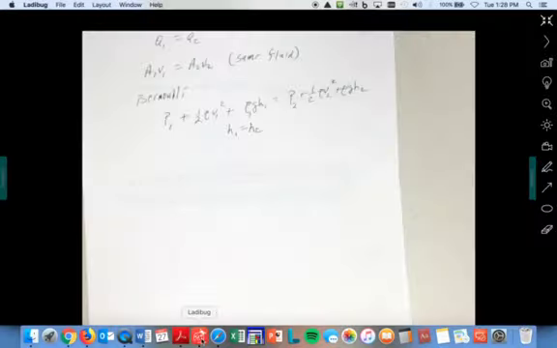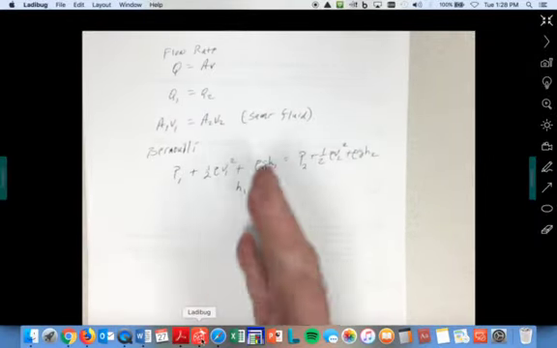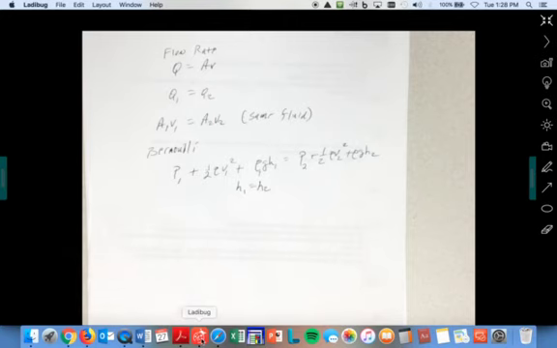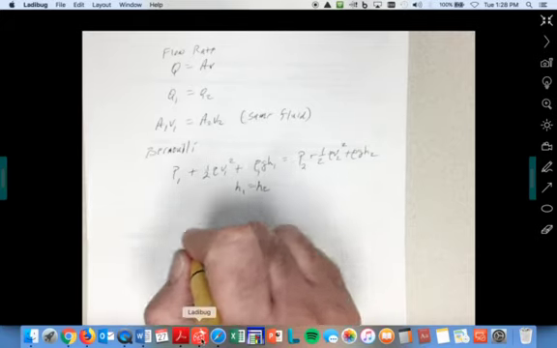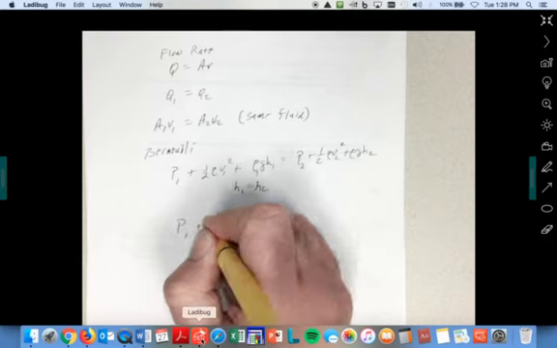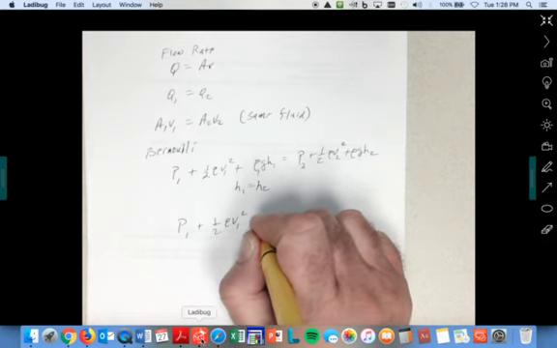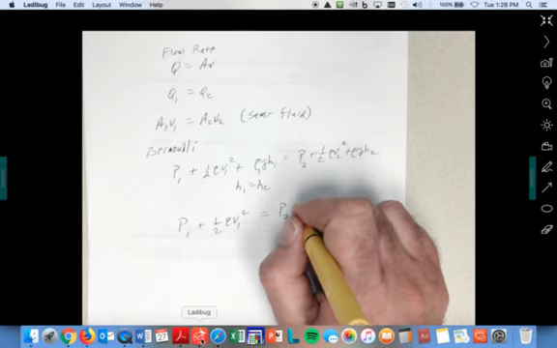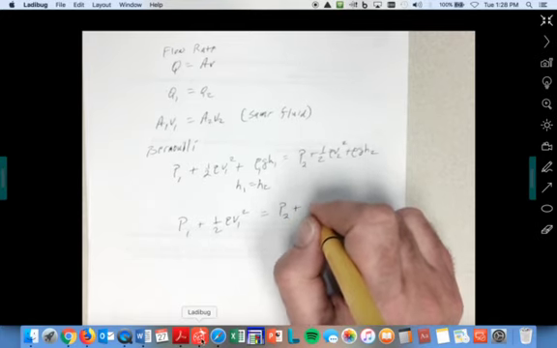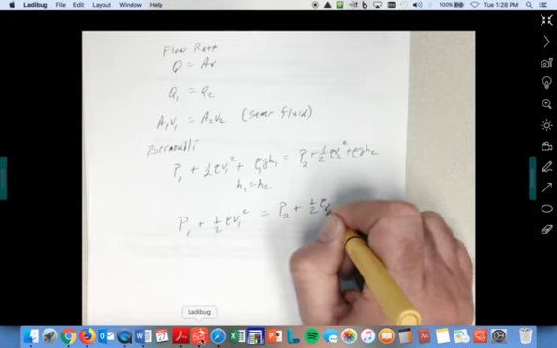All right, great. So here's the Bernoulli equation. It's based on conservation of energy. We're going to say the heights are the same. So if the heights are the same, then we've got P1 plus 1/2 rho V1 squared is equal to P2 plus 1/2 rho V2 squared.